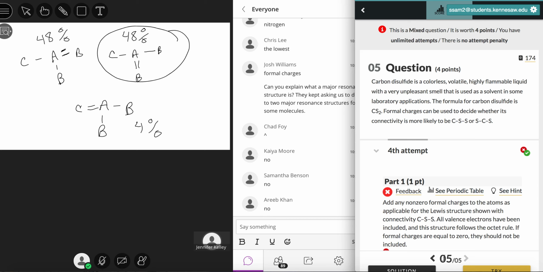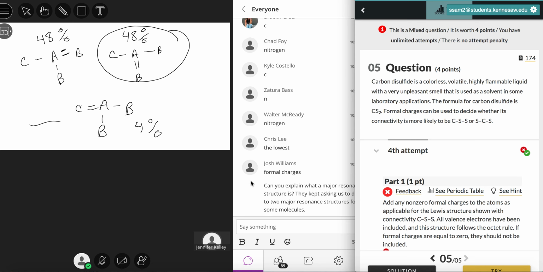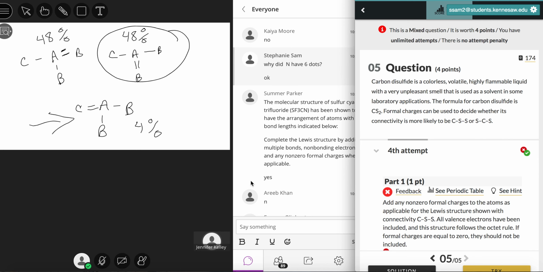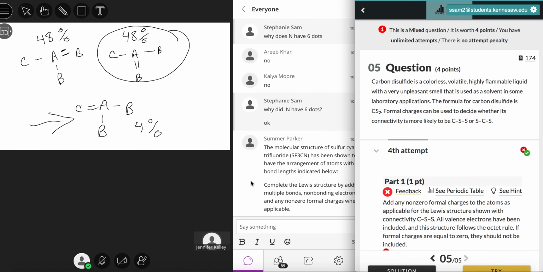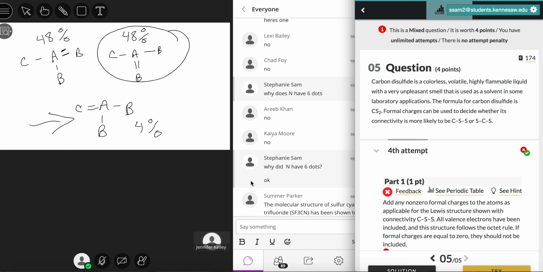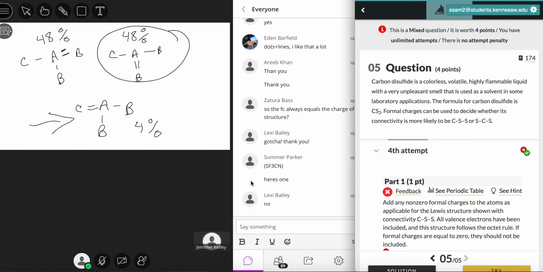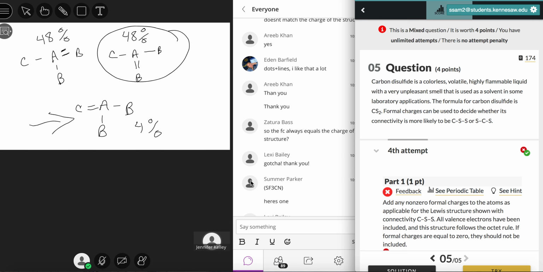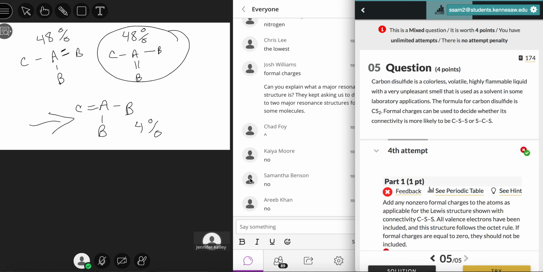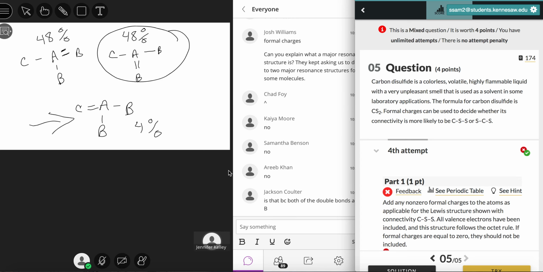And for the most part, I don't think they would give you something like this. When you get into organic, you'll see stuff more like that. I think they're just getting you used to the term major resonance structure before you get to organic, where they show you more about resonance structures, and then you find out there could be others, and it would seem like, hey, but I thought there were only two.